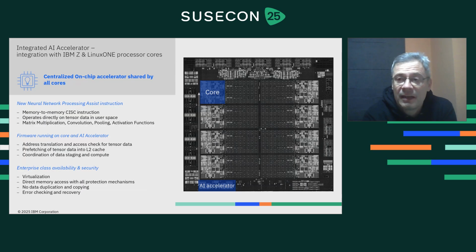But back to the AI unit, here's a little bit of a picture on the right-hand side of what that looks like on our chips. So we have a total of 8 cores on each chip, and they're all getting served by one bigger AI accelerator. We also could have likewise put the AI accelerator onto each core.